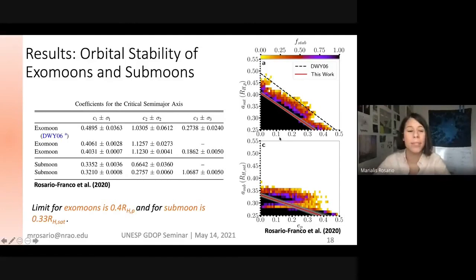That is where the difference in initial mean motion takes place. My limit is based on where everything is stable regardless of the initial mean motion, where we have a couple of outliers, right? The mean motion will vary depending on the fraction of the Hill radius, and so some of them will be favored as well.